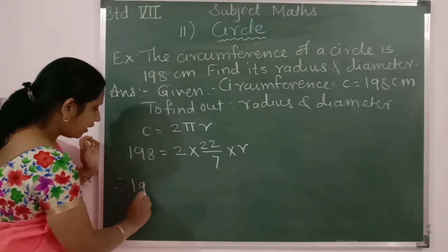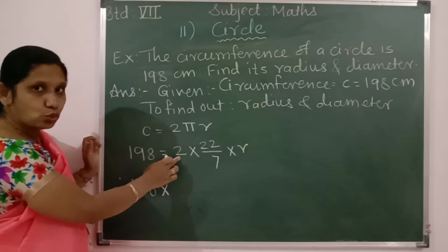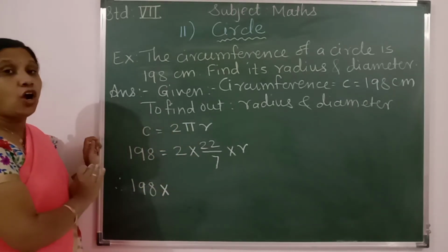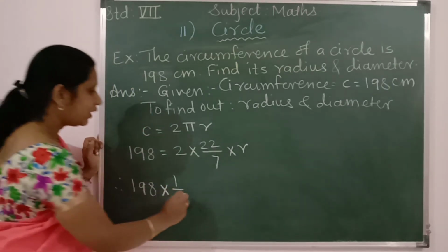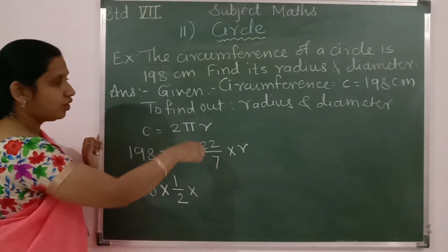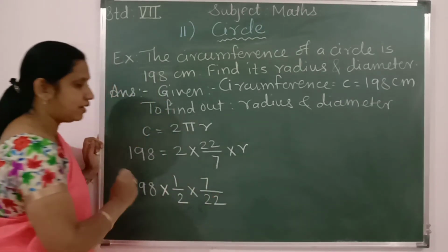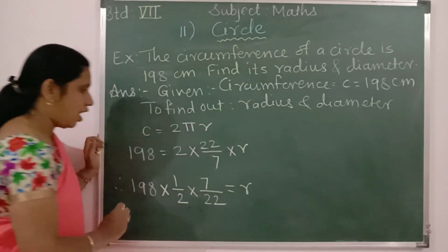Therefore 198 multiplied by this 2. 2 means 2 upon 1. When we are shifting it to the left hand side, it will be 1 upon 2 into this 7 will be in the numerator and 22 will go in the denominator. Like this its reciprocal, which is equal to r.